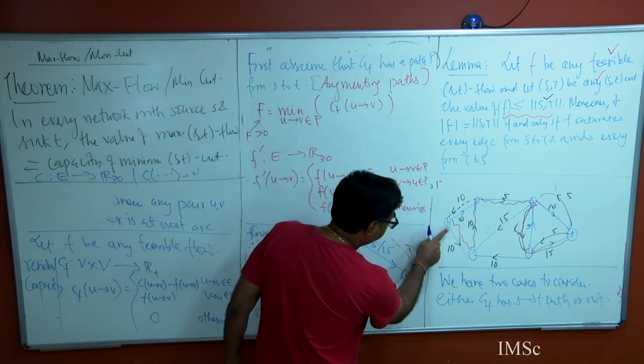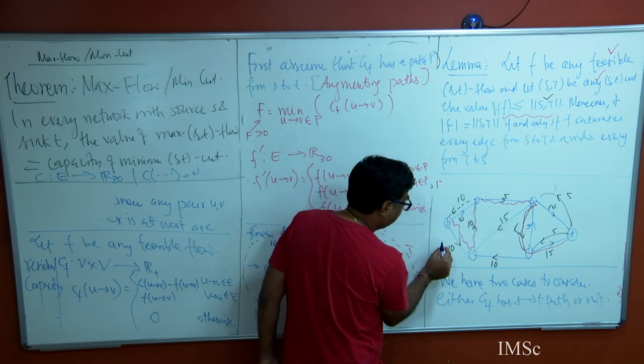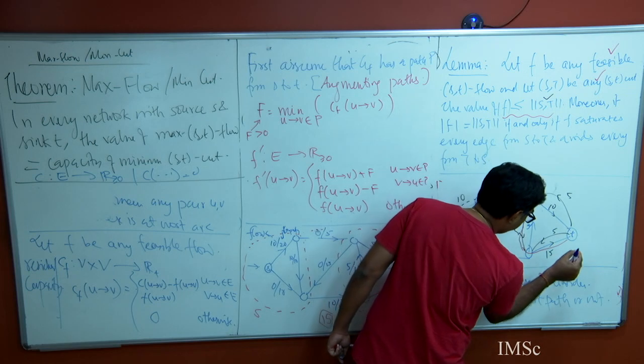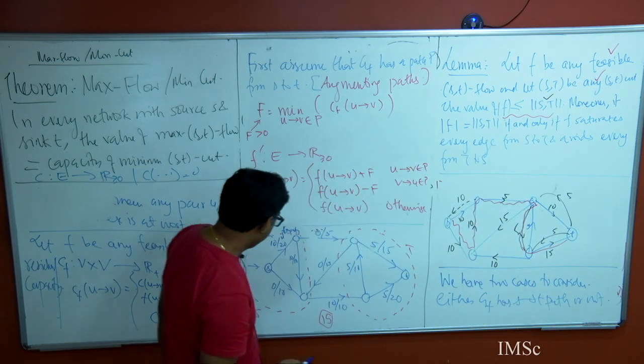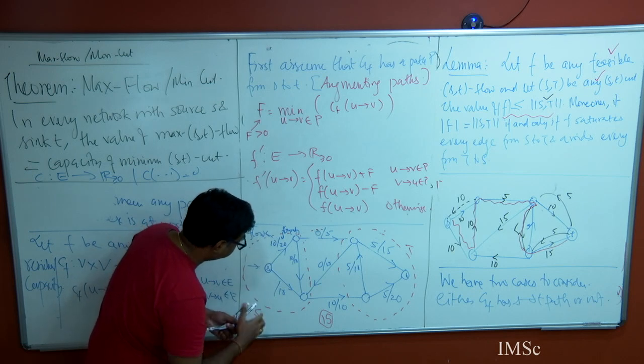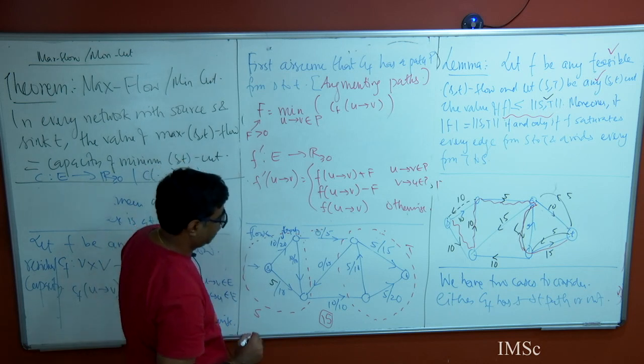But along this path, how many units of flow am I sending? 5 units, because the minimum of 10, 10, 5, 5, 15 is 5, right? So how many units of flow will I be sending here? 5 units of flow. Excellent. So I am sending 5 units of flow from here.